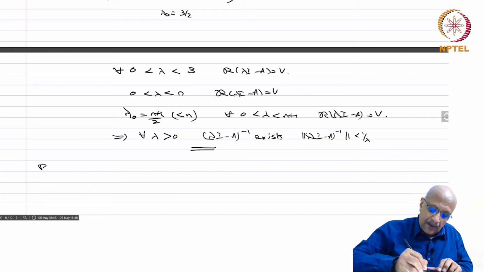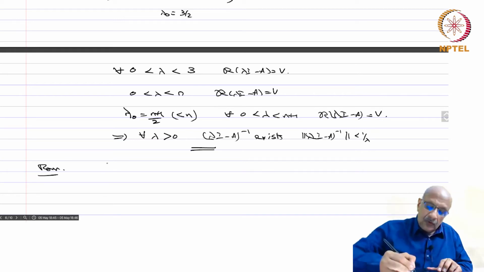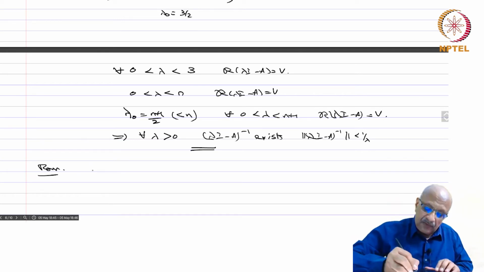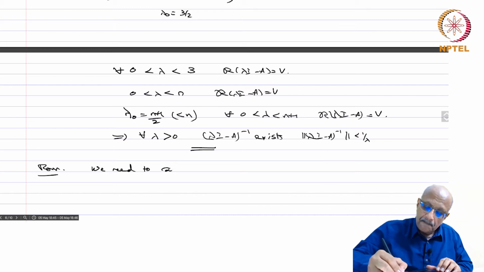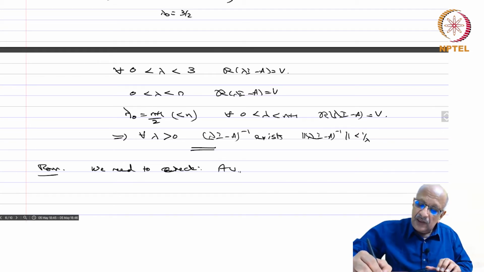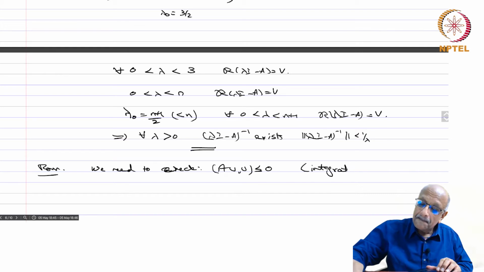So, remark. The importance of this theorem comes from the fact we have to only check two things. So, we need to check AVV is less than or equal to 0. This is usually integration by parts, normally done that way, okay.